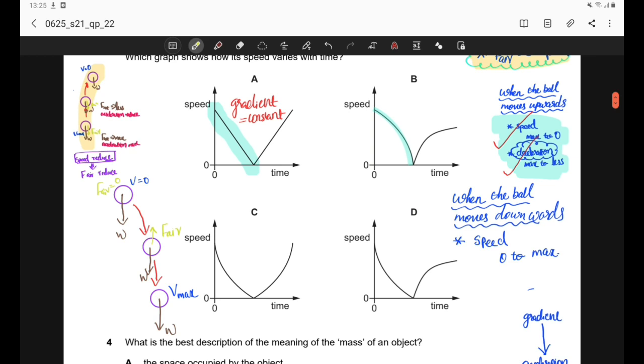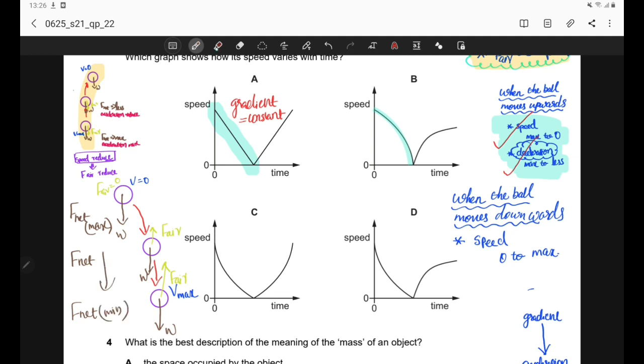And when the ball is reaching the ground, the ball will have a maximum speed, therefore the force due to air resistance will also be maximum. Now when we look at the net resultant force acting, we can see it will gradually reduce, because the net resultant force will be maximum at the top and it will reduce and be minimum at the bottom.